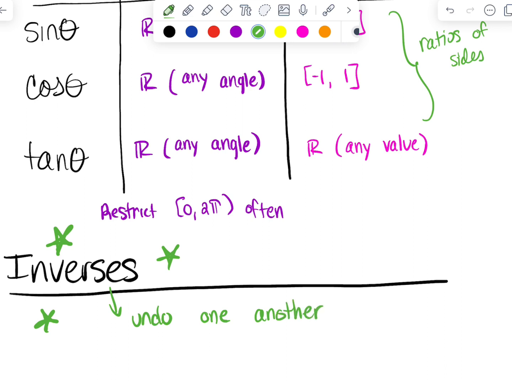You could also think about the fact that inverses cause the x and y, or more generally, the inputs and outputs, to switch. That is very, very important.